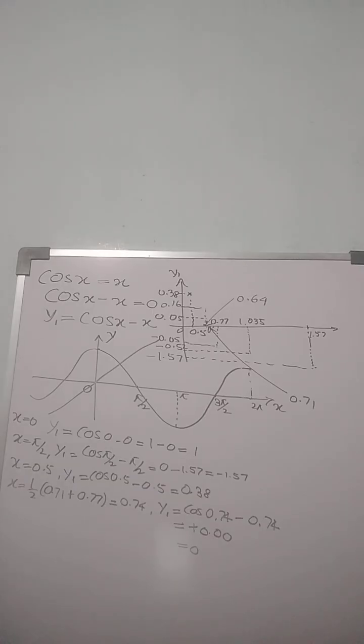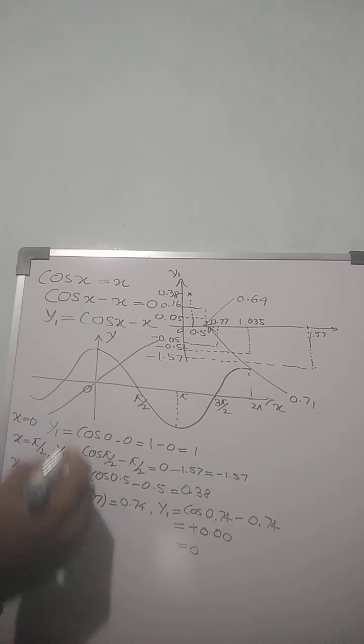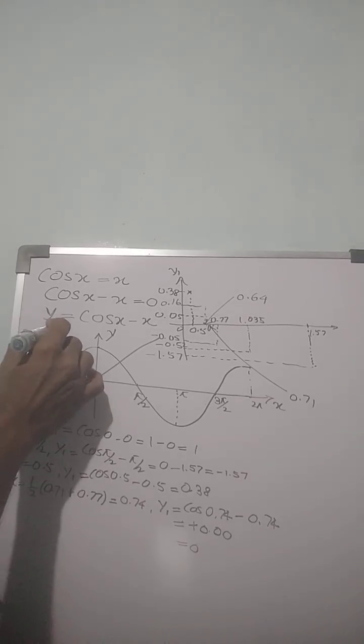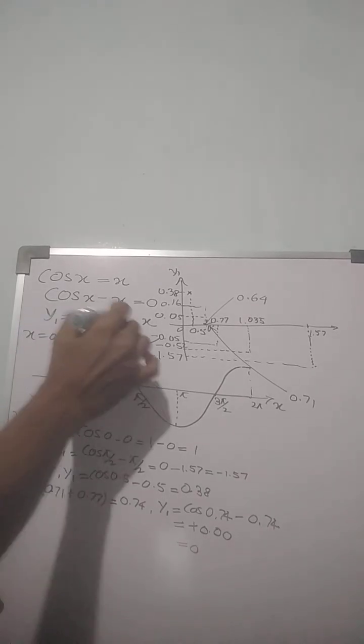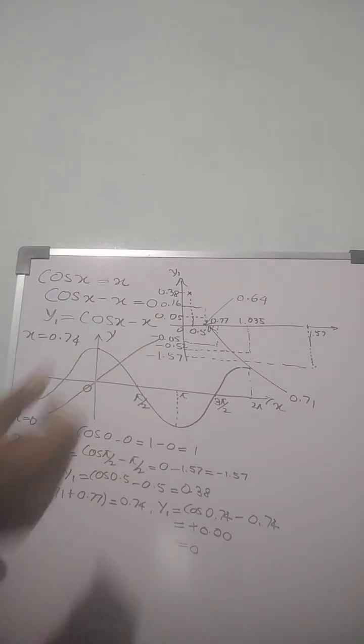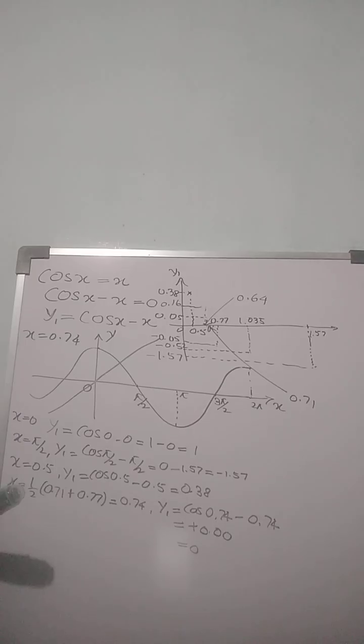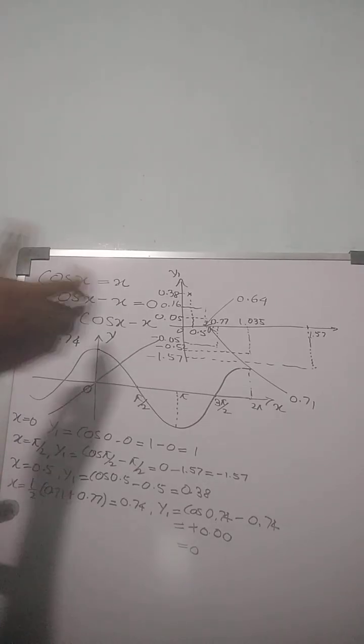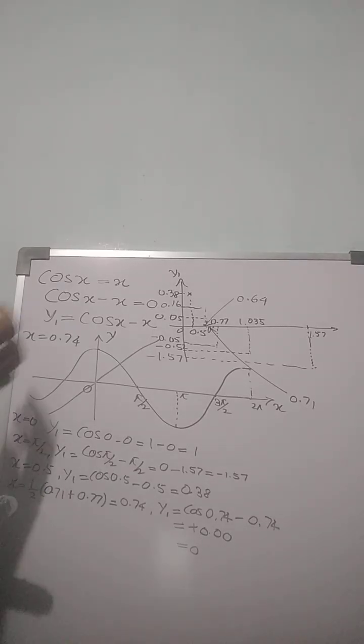Therefore, we can say our solution is x equals 0.74. If you substitute it here, cos 0.74 minus 0.74, you get 0.0015. It's very close to 0. Therefore, it's the approximate solution for cos x equals x.